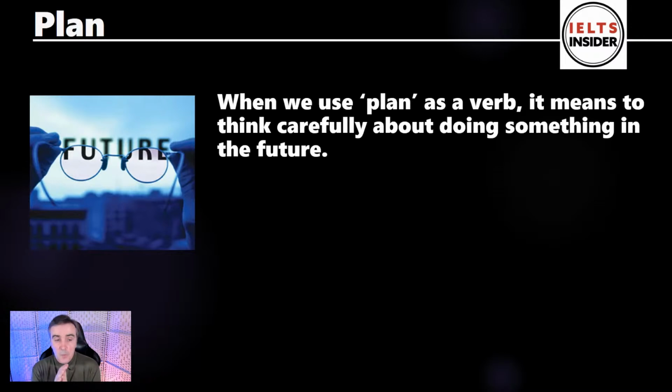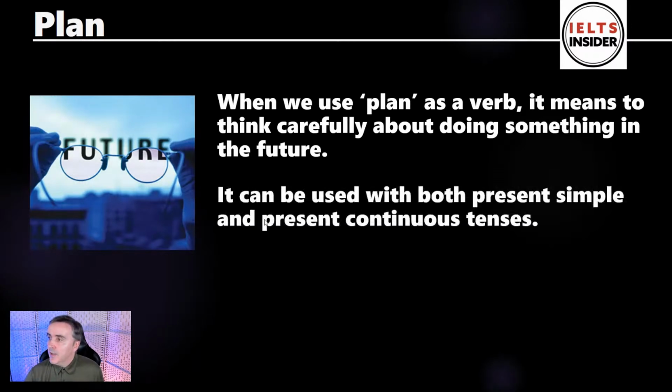So at the moment it's not definite. It is at the beginning stage. We are making that plan. A lot of the times when we plan things, they don't actually happen, but it is about thinking carefully about doing something in the future.